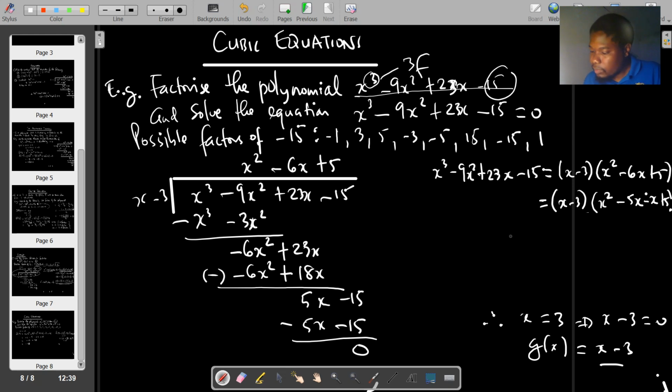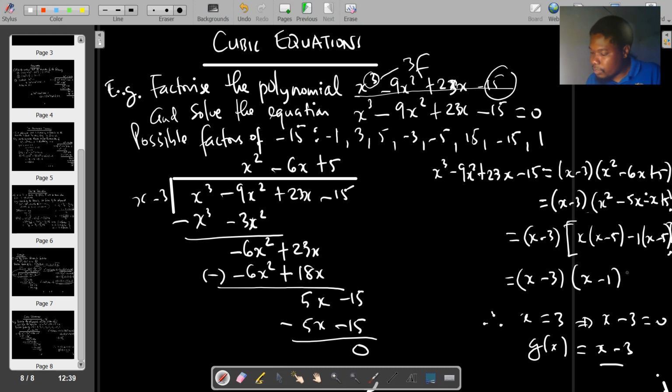So this one equals x minus 3, okay, and then here it will be x times x minus 5, negative 1 times x minus 5, okay, so that will be x minus 3, x minus 1, and then x minus 5.